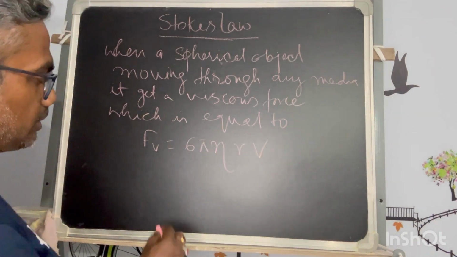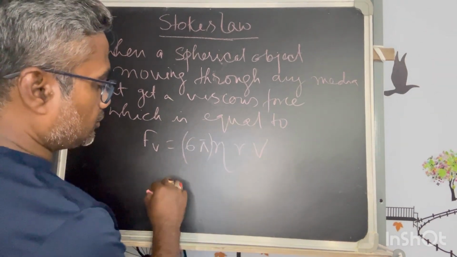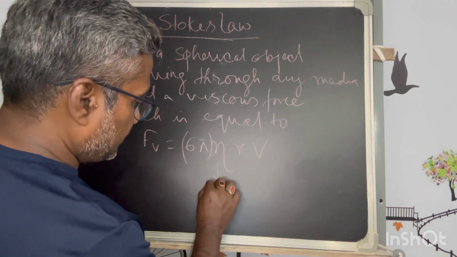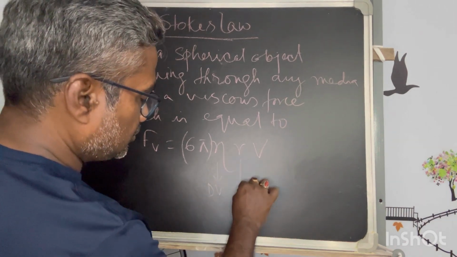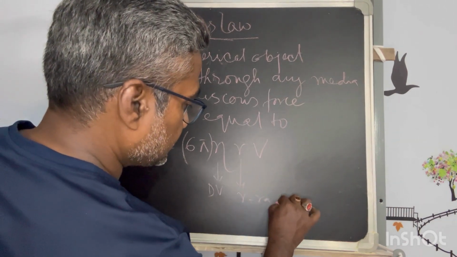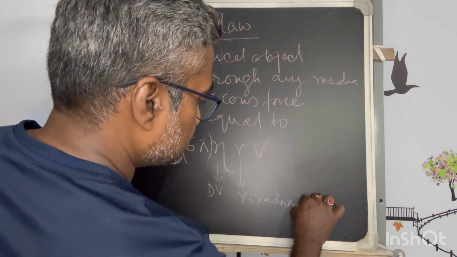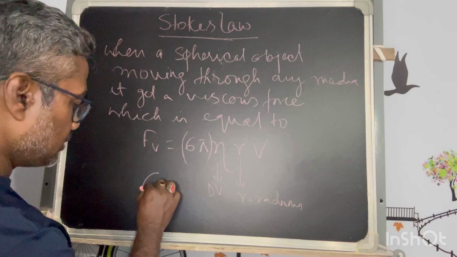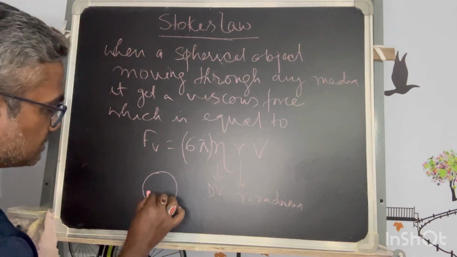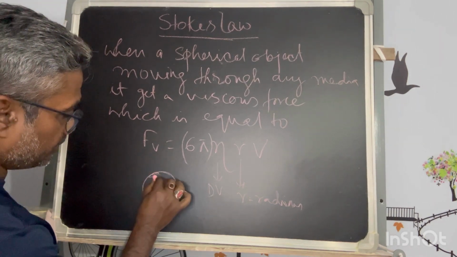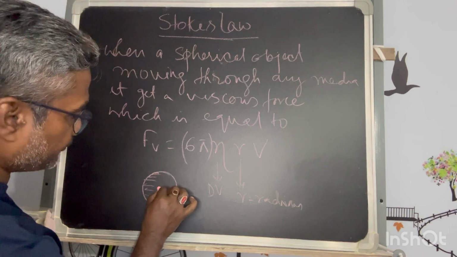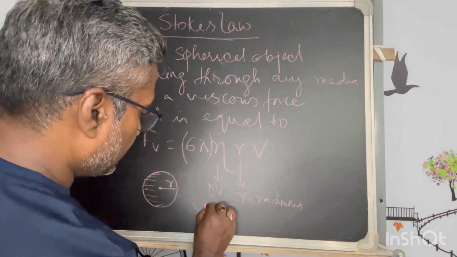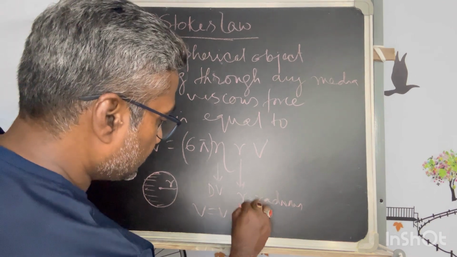Now you can understand what these are: 6 pi is the constant, eta is the dynamic viscosity, and r is the radius of the spherical object. If I talk about the spherical object, this is a three-dimensional figure, and its radius is r. V is the velocity at any point.